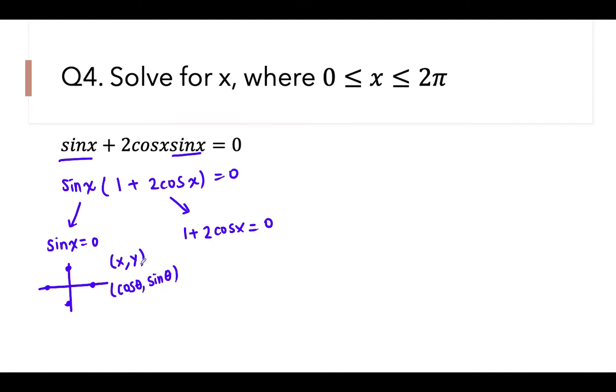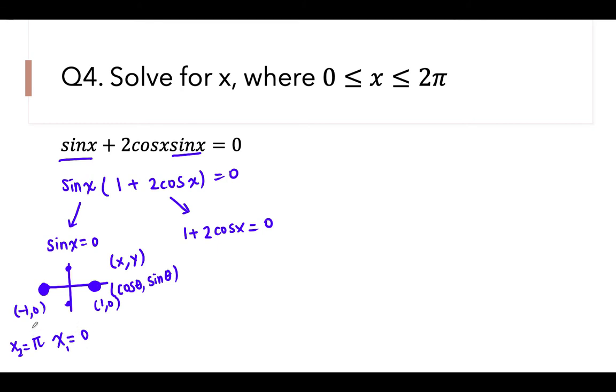So we're looking for when y is 0. y is 0 over here and over here, so in this case, (negative 1, 0) and (1, 0). That's when my y value, which is my sine x, is 0. Therefore, when it's on this point, my x is going to be 0 degrees. And when it's over here, my x is going to be 180 degrees, which is pi.